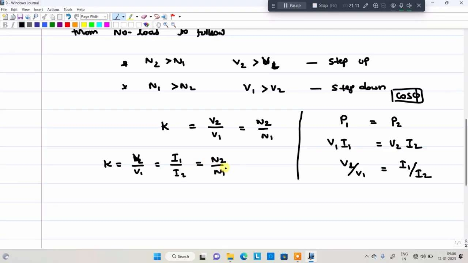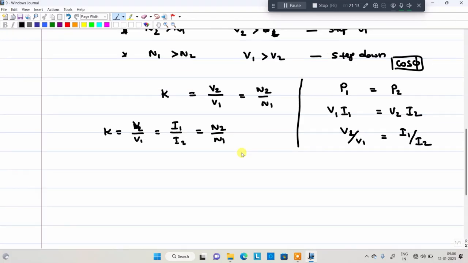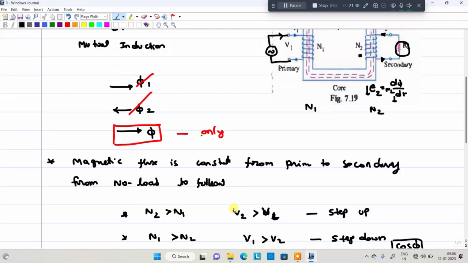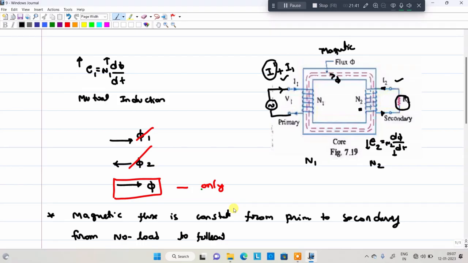Already we wrote that. So I will tell you one more important formula, the volt per turn ratio. Here V2 by V1 is equal to N2 by N1. From that, V1 by N1 is equal to V2 by N2. So that means the volt per turn ratio is constant in the transformer. Irrespective of the voltage in the primary or secondary, we consider the ratio always constant. That point you need to remember.